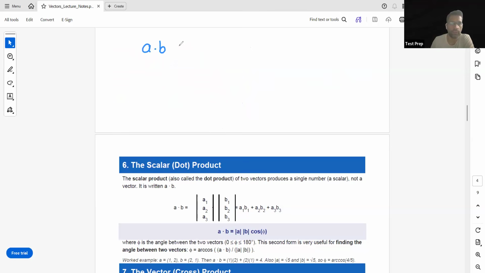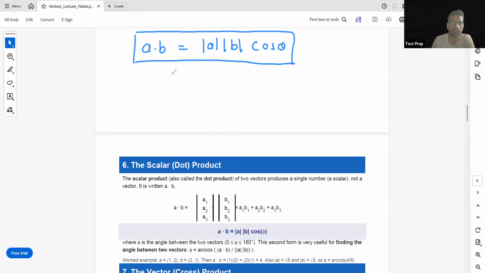A dot B is a scalar product. If we have to write it in the form of magnitude, it is |A||B| cos theta. And how do we find A dot B?